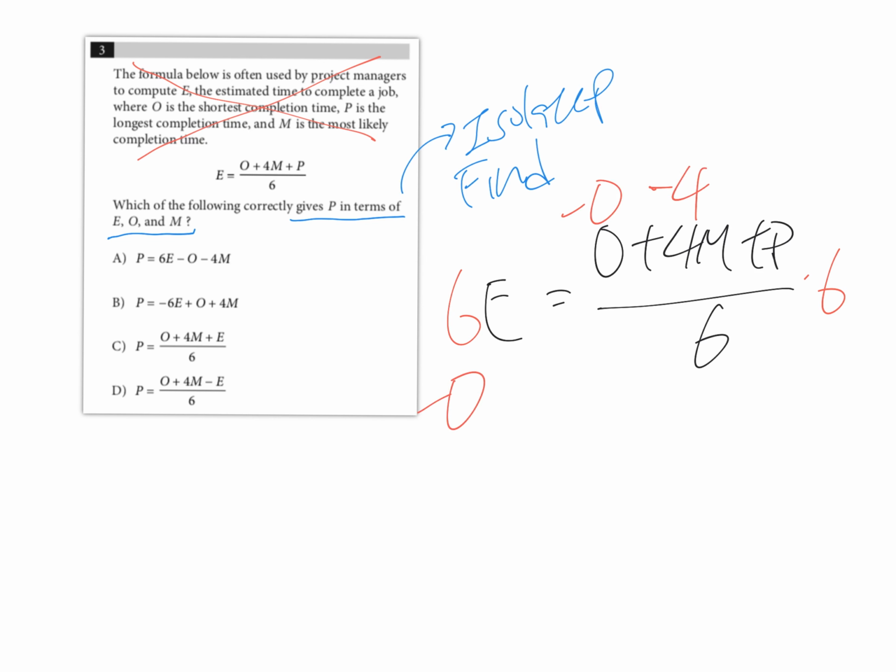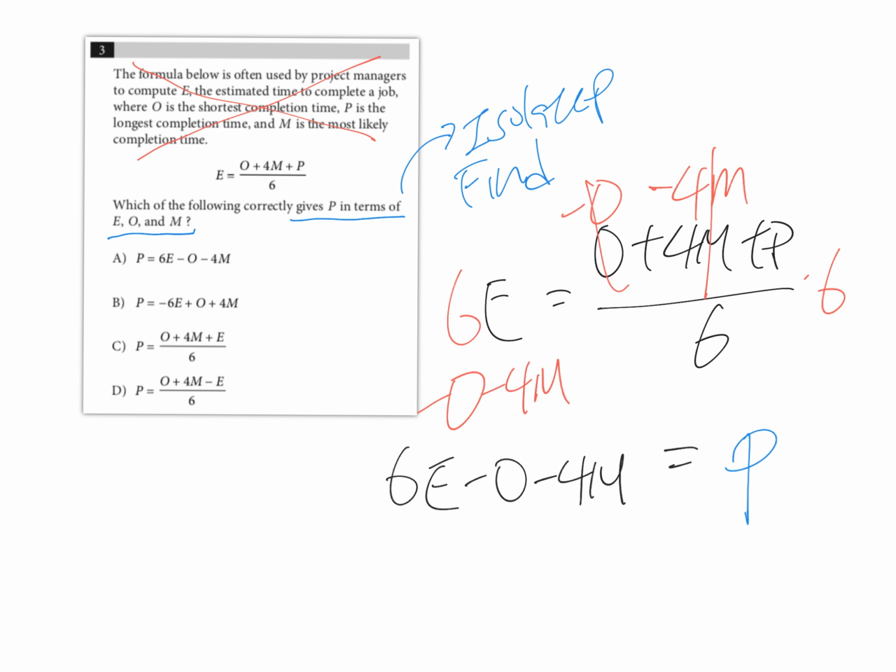And then minus 4M to both sides. And we end up with our goal of P being by itself, equal to 6E minus O minus 4M. If we compare for a second, what we got is exactly the same as answer choice A. Hence, that is our correct answer.